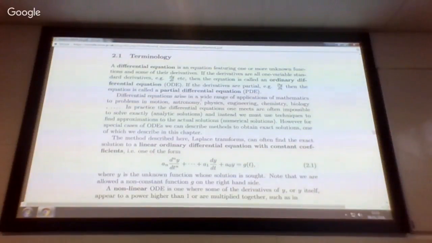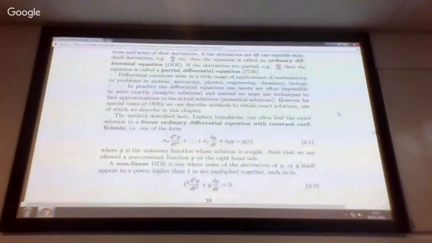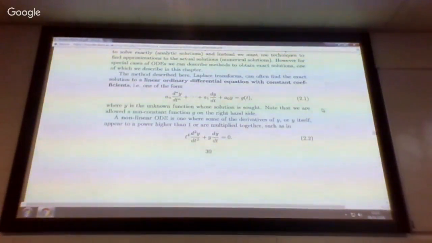That's called a PDE. Now, differential equations occur all over the place. As soon as you start to mathematically model any real-world process in science and engineering, especially any process that's changing through time, it tends to be described by differential equations. So they're very widespread in all the sciences.